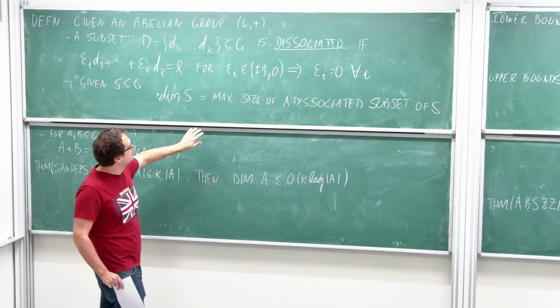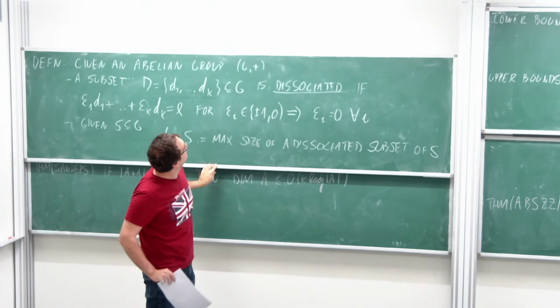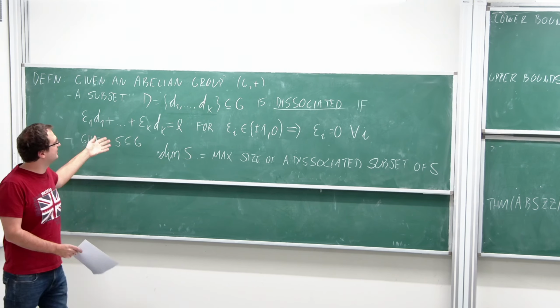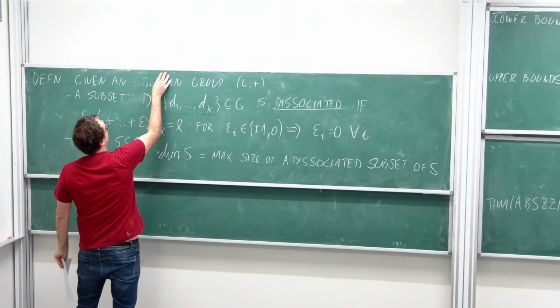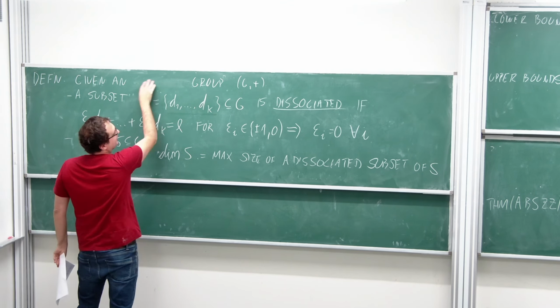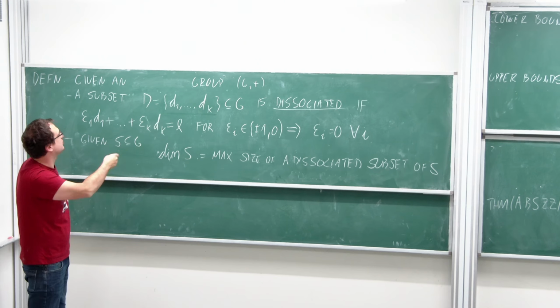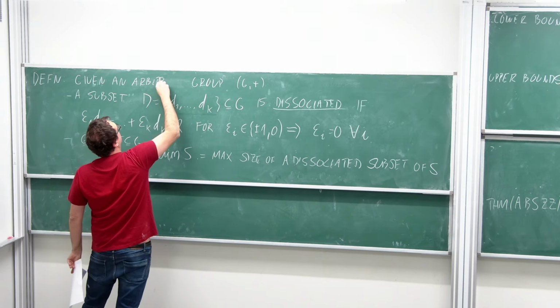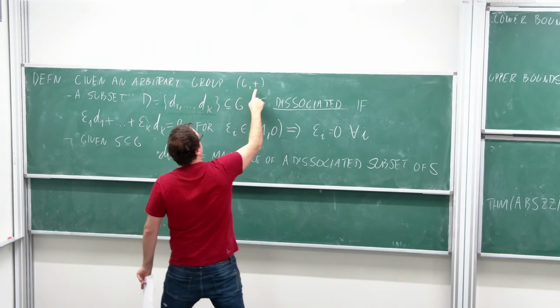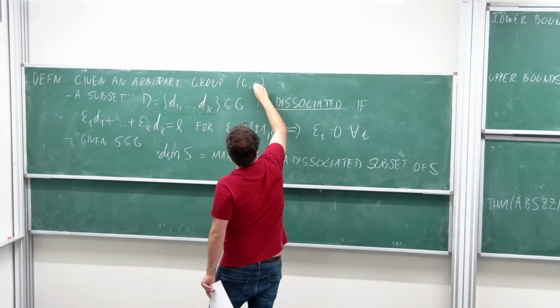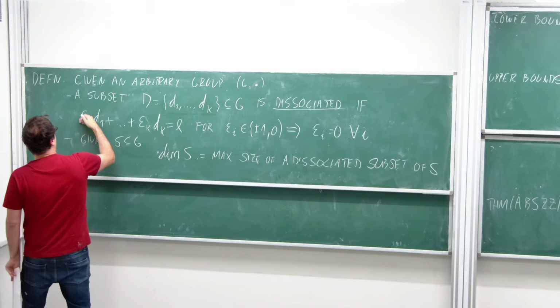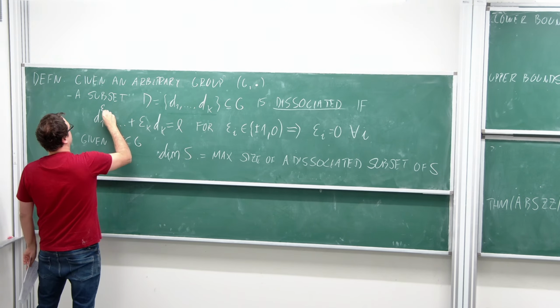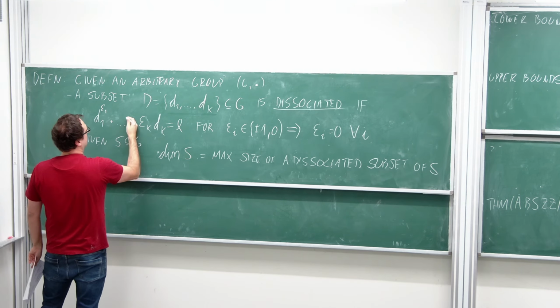Let me quickly change the definition. It stays exactly the same, except I'm going to remove the word abelian here. I'm going to replace the plus with times, just so you're not confused. So this now becomes arbitrary. Instead of plus, what you're doing is you're just taking products.